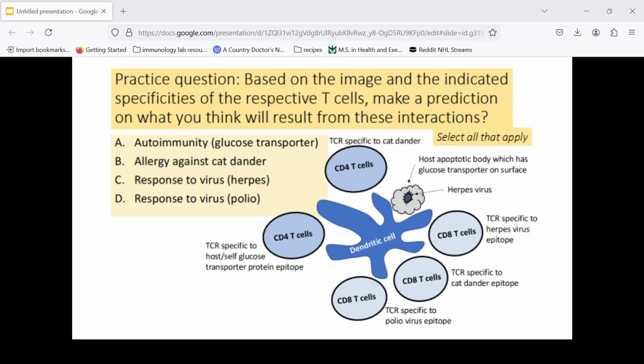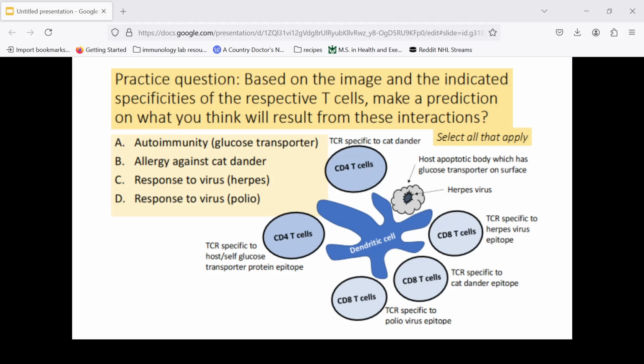So, for A, we have glucose transporters that have been phagocytosed and are being presented. Do we have a glucose transporter specific T cell? Brilliant. It is a CD4 T cell.